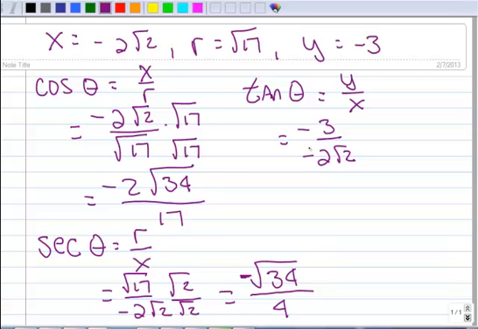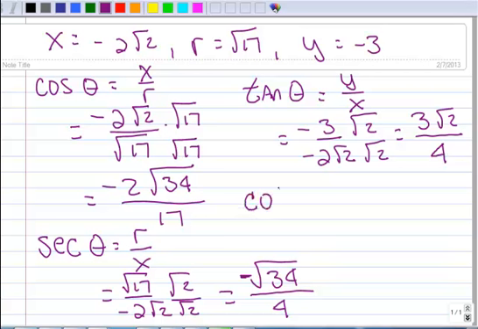Negative divided by negative is a positive, so that checks out because we know tangents are positive in quadrant 3. Alright, so let's rationalize that square root of 2. So we get 3 times the square root of 2. Alright, square root of 2 times square root of 2 is 2, and 2 times 2 is 4.